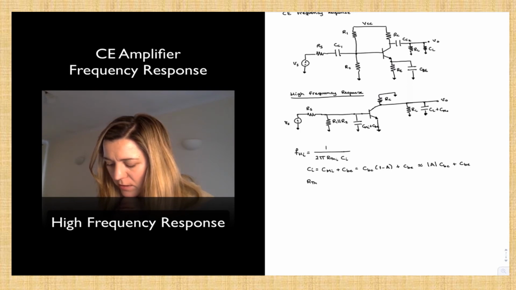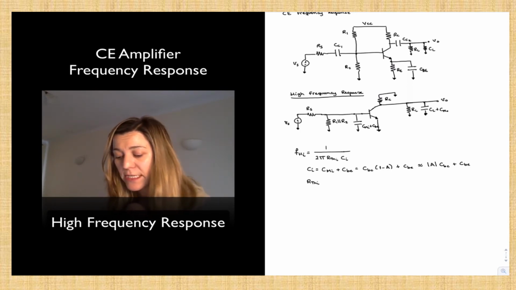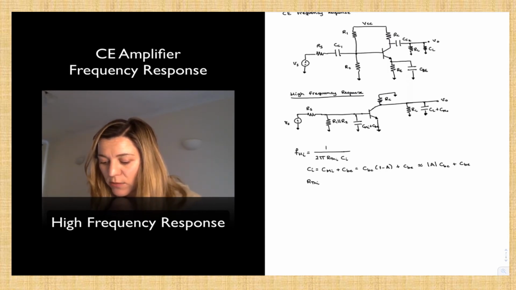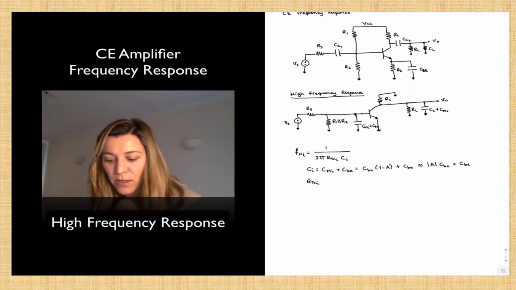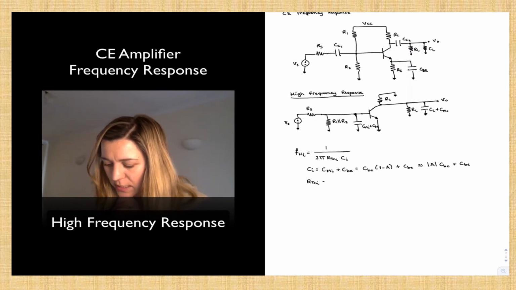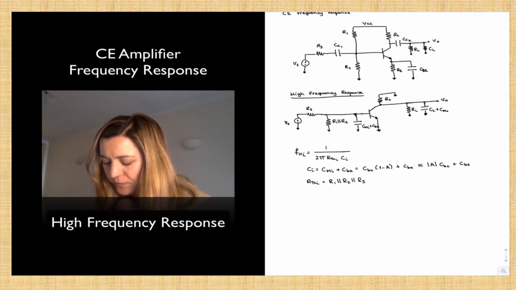My R Thevenin input will be the equivalent resistance connected across the terminals of that capacitor. So if we look at our high frequency equivalent circuit here, we will see that we have R1 in parallel with R2, and all that in parallel with RS. And again, I am turning off my voltage source VS, so that's just a short to ground. So it's basically R1 in parallel with R2 in parallel with RS.